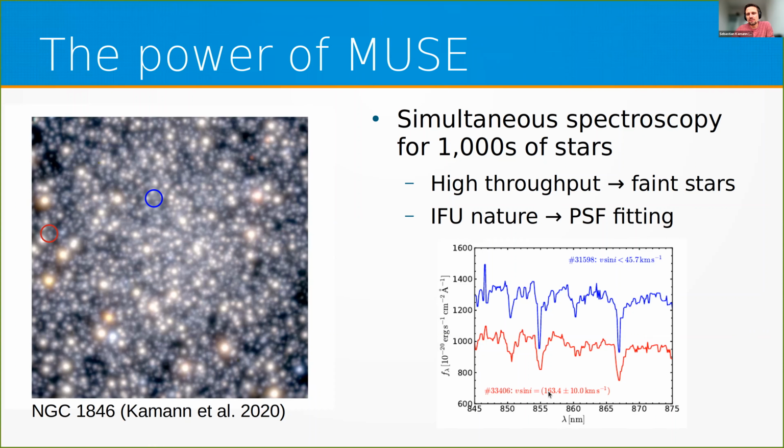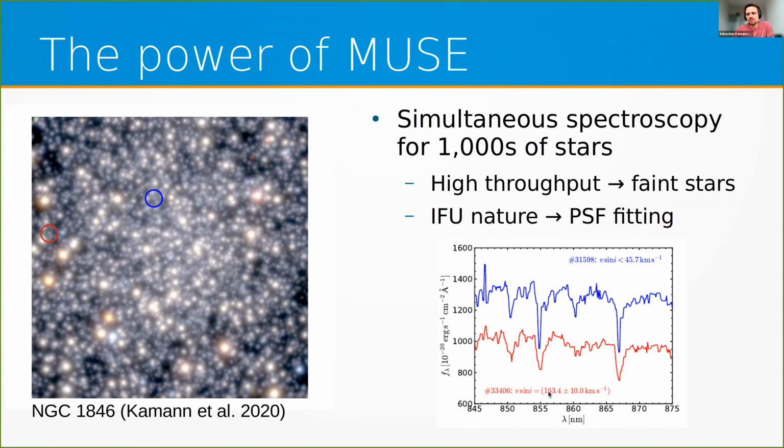Thanks to the high throughput of MUSE, we can actually also go to relatively faint magnitudes. And what we then find, if we compare to the brighter bin, is that the fast rotators seem to disappear. So you see that in the faintest bin that we could study, there are far fewer fast rotators than in the brightest magnitude bin.